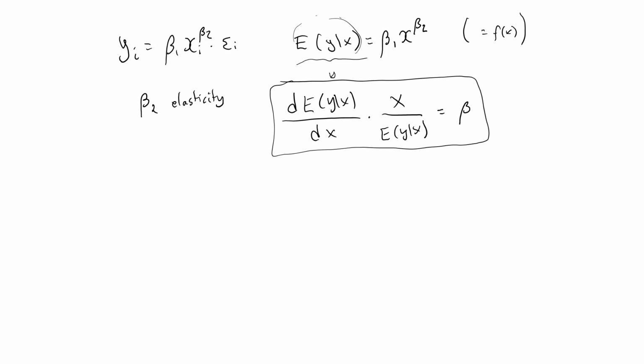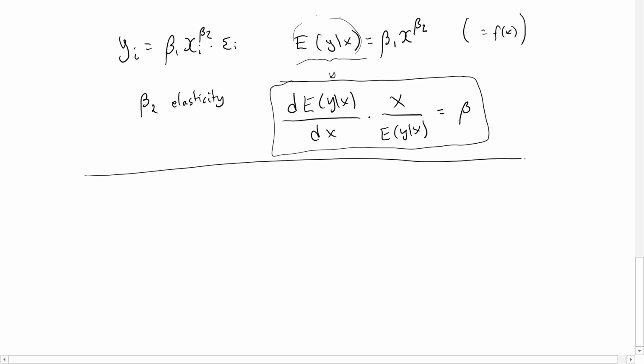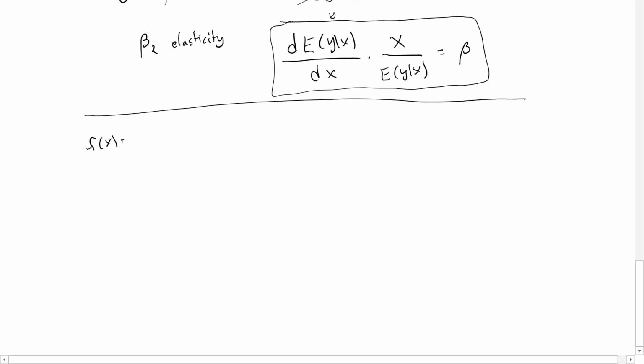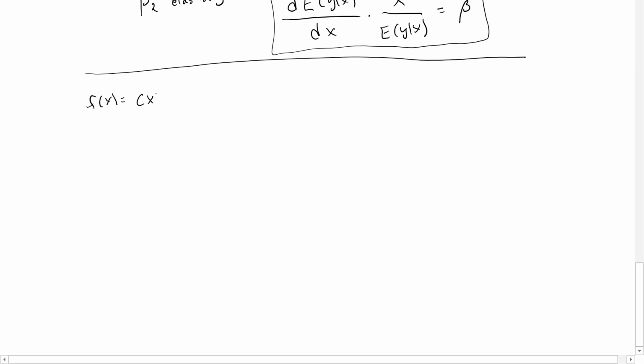There is also an alternative expression for this beta, which is often really useful. If we go back to our non-econometrics notation, c x to the a, and this is my y, then I can log both sides. So log y is equal to log c plus a times log x. And this gives us another interpretation of this elasticity.